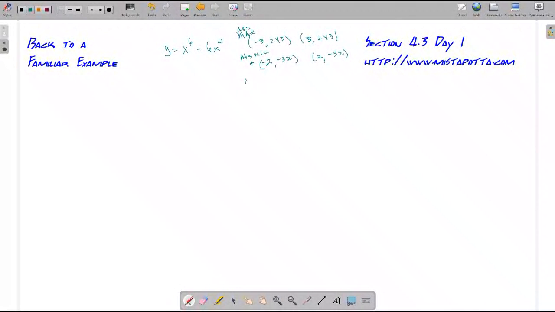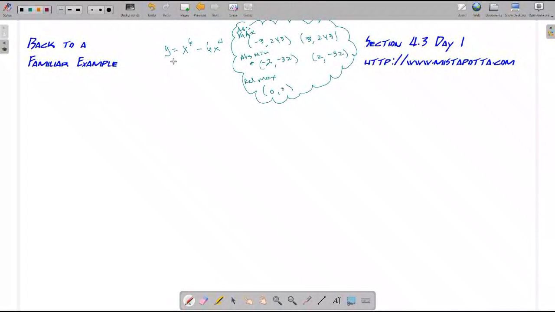We also had a relative max at 0, 0. So I want to keep this information in mind, but I want to take a look at it from the second derivative standpoint.